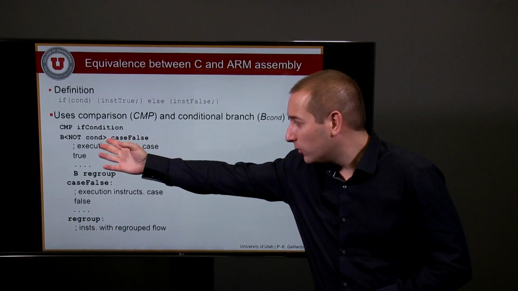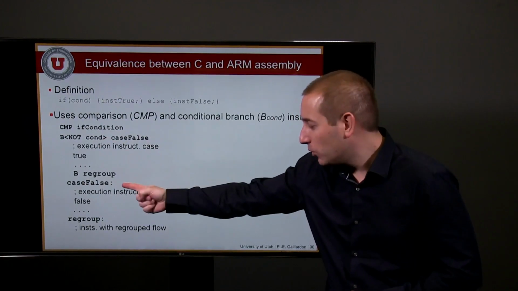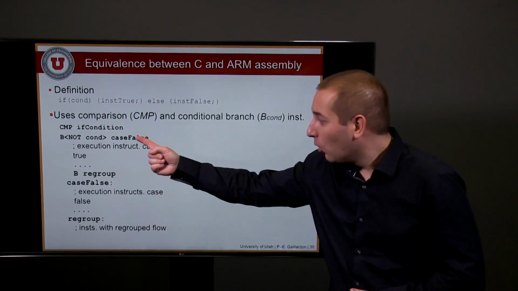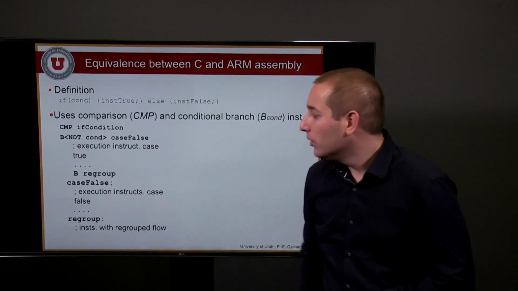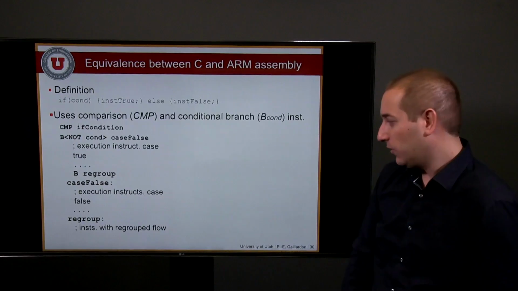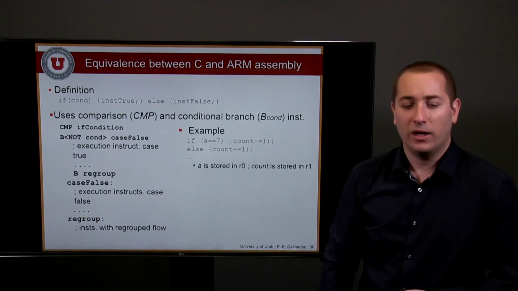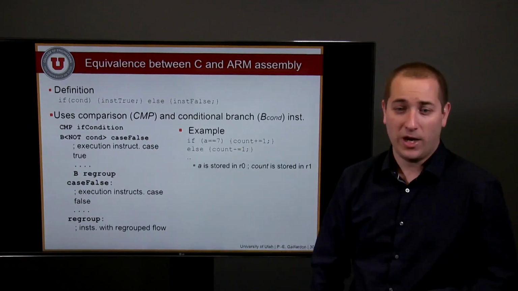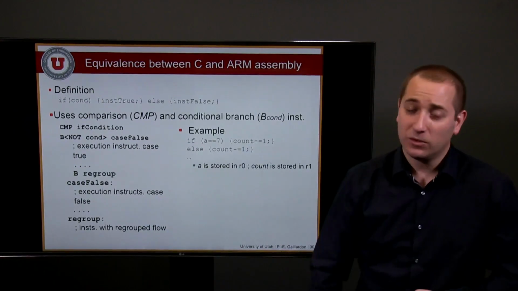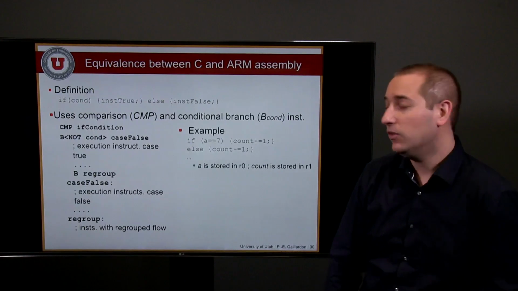If it's not correct, you jump to the false case. Otherwise, you execute the true case, and once you're done, you jump over the false case. So, as you can see, that's a fairly complicated set of instructions to write in assembler, while in fact, writing that in C is very easy.